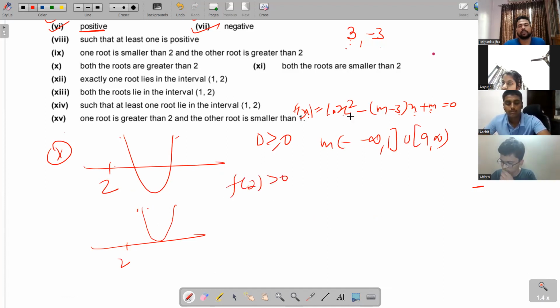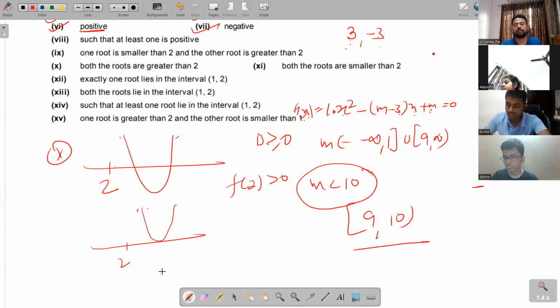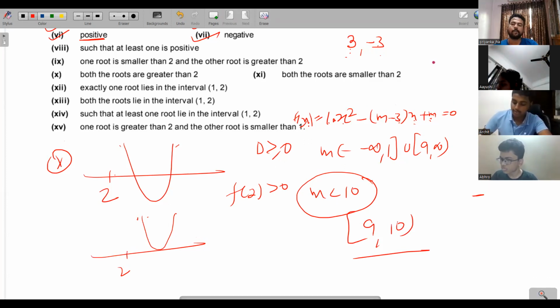That's it. First put here. So in this case m will be less than 10, because in the previous case F2 was negative. So it should be 9 to 10. Sir, I had mistakenly taken F2 as negative.